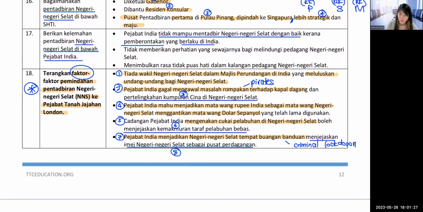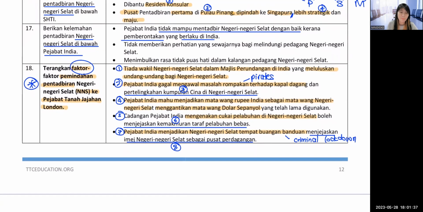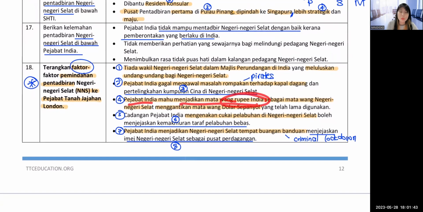Okay? And also the second one, failed to control the gangster fight. Pertelingkahan kumpulan Cina. So you got 1, 2 point here. Fourth, Pejabat India wants to change our money to rupee, replacing Sepanyol dollar, you know, and our Sepanyol dollar is international money. And it becomes rupee, no value.